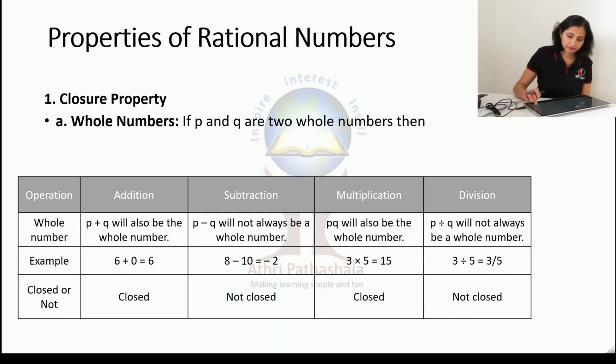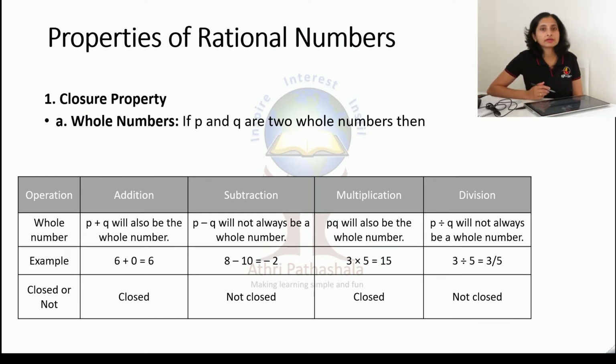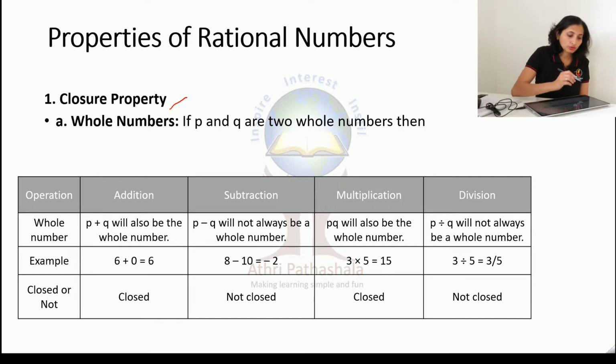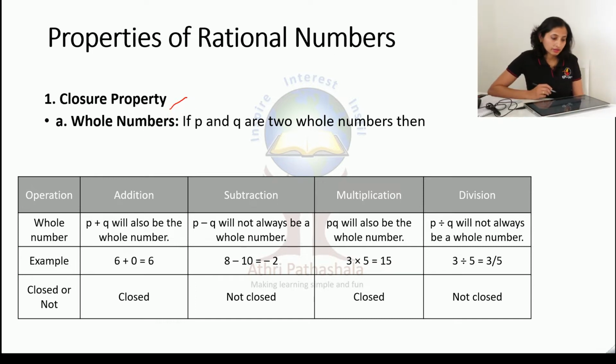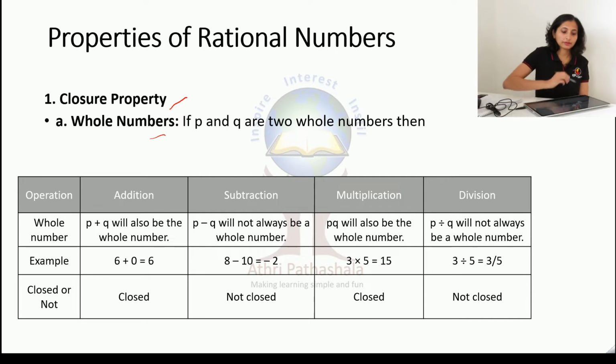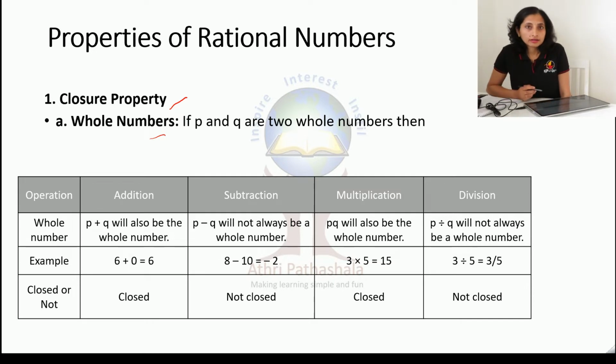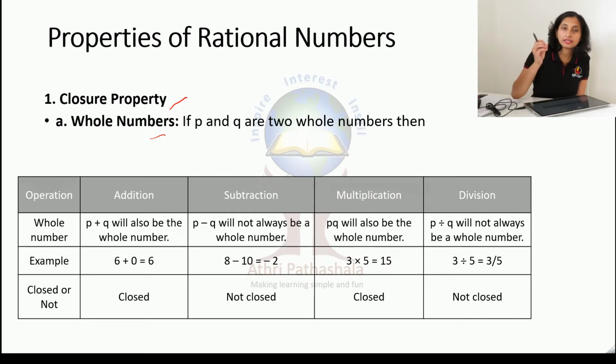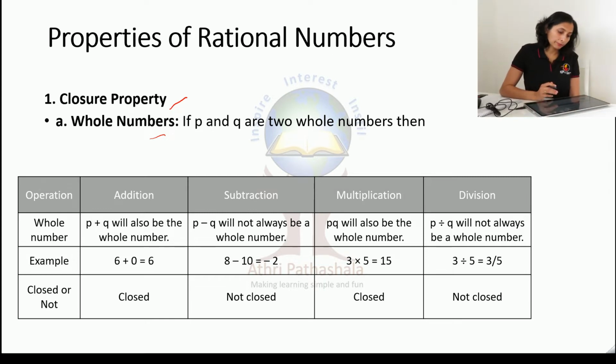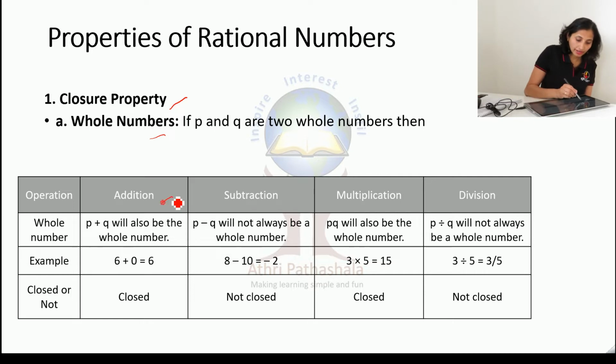Next we recall the properties of rational numbers. The first property is the closure property. Closure property for the whole numbers: if p and q are any two whole numbers, it holds for addition.